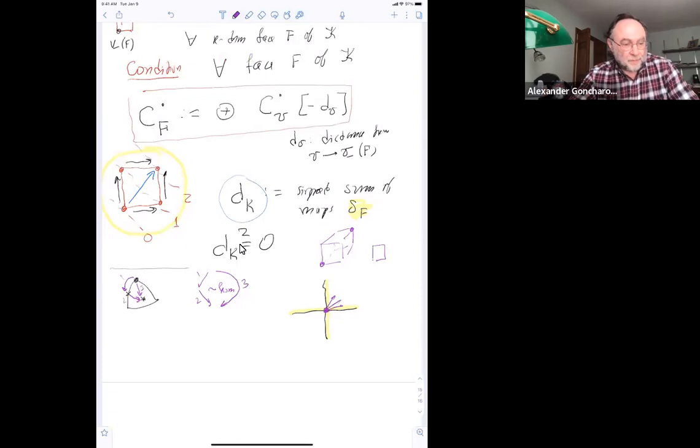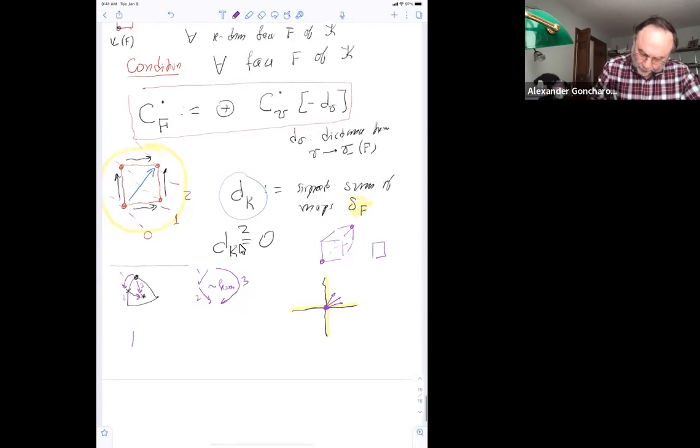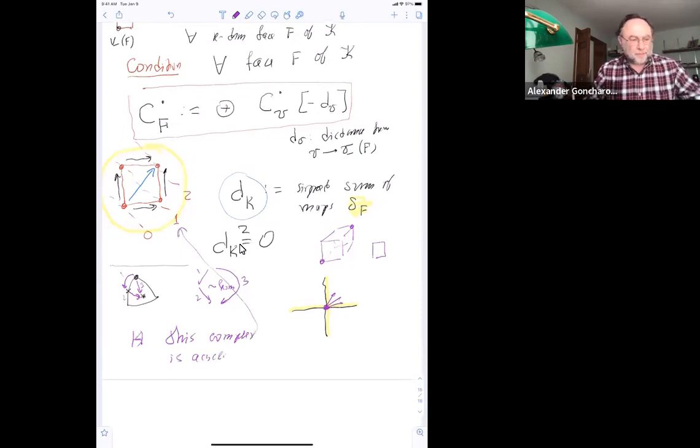Now I wanted to put a condition. The condition is that this complex has no cohomology, that is, it is acyclic. But let me say this in a more elaborate form.